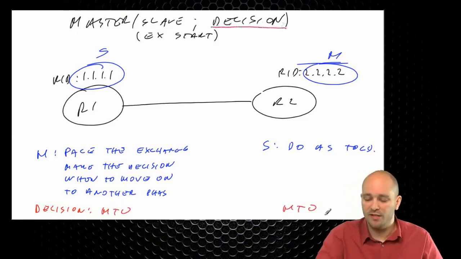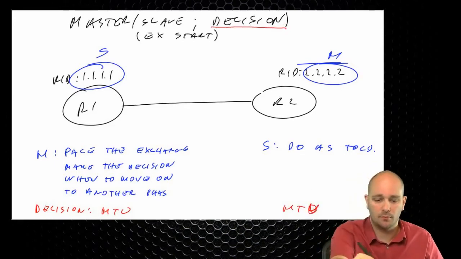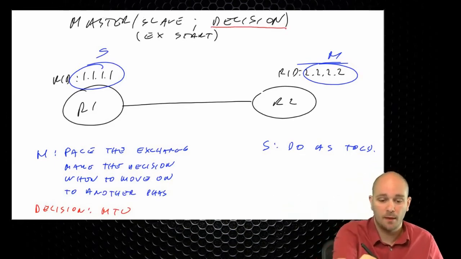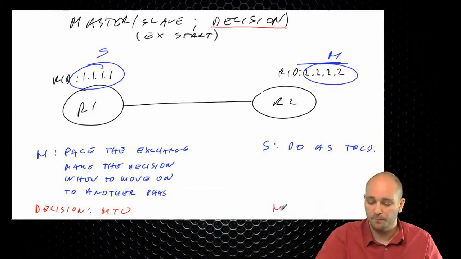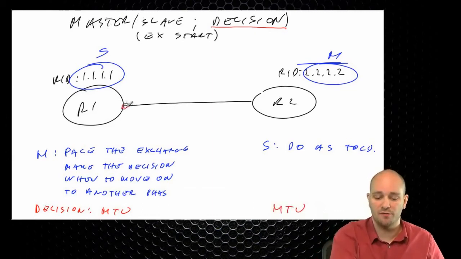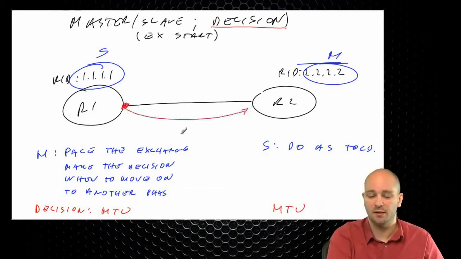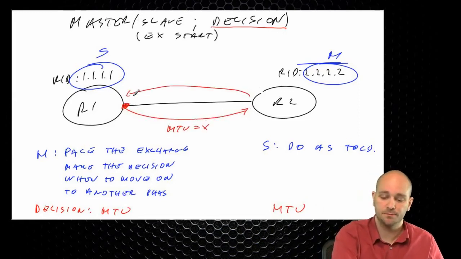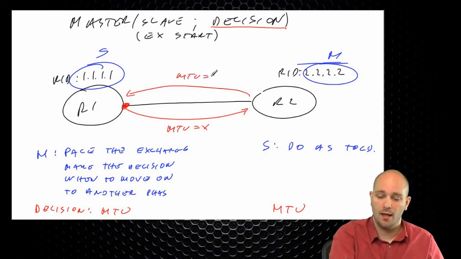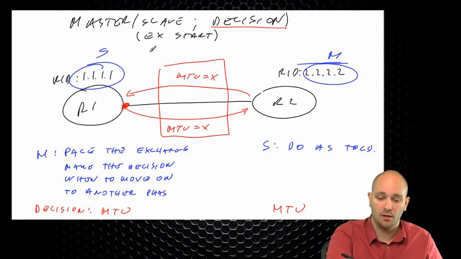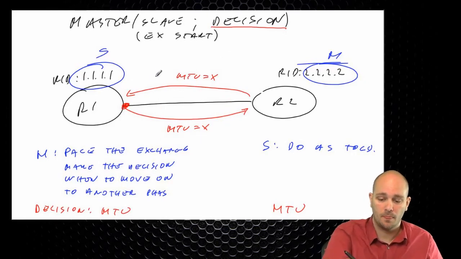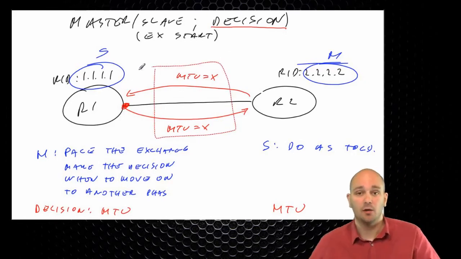So both of these routers are going to exchange the information about what they think their MTU is configured on the interface. And if they are in agreement, as they are here, the master says, okay, we can proceed.